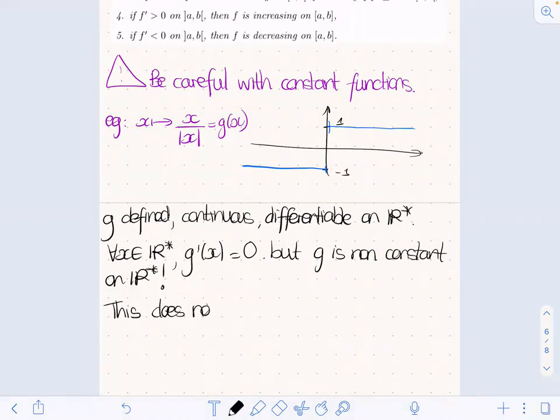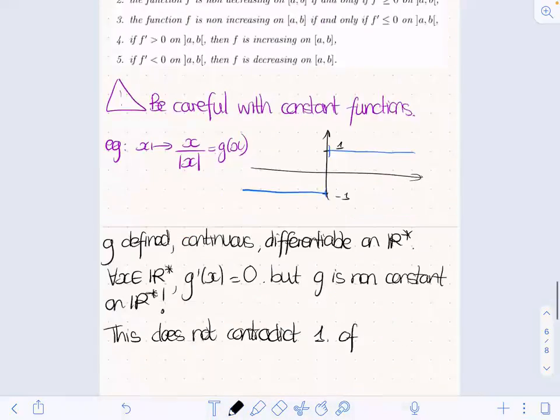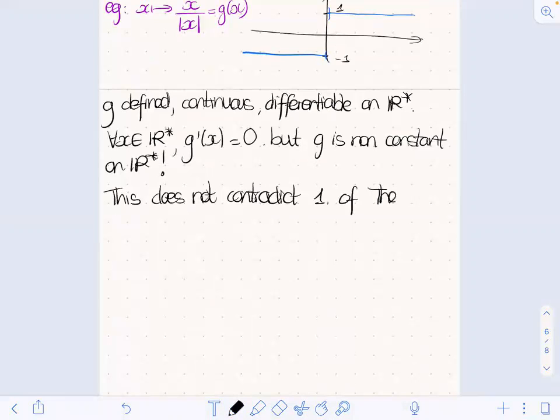point 1 of the theorem, what is it called? Theorem 7.57, as R star is not a closed interval.